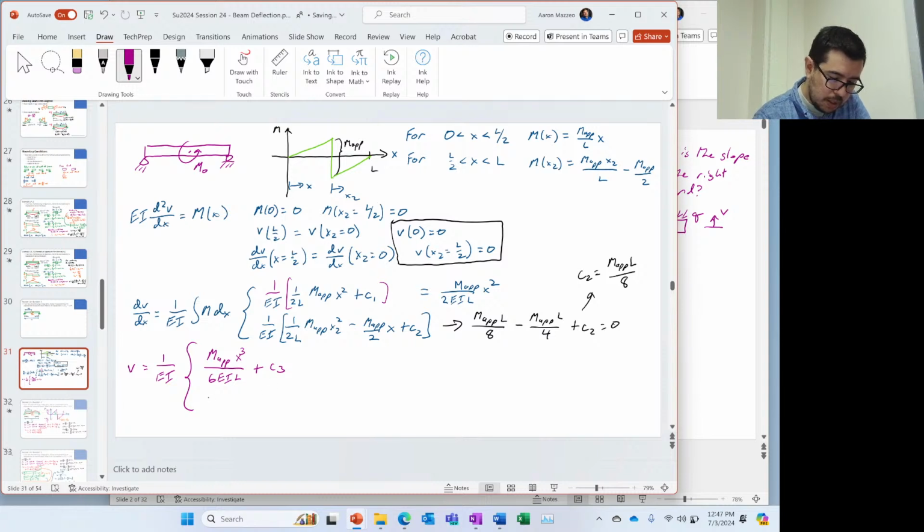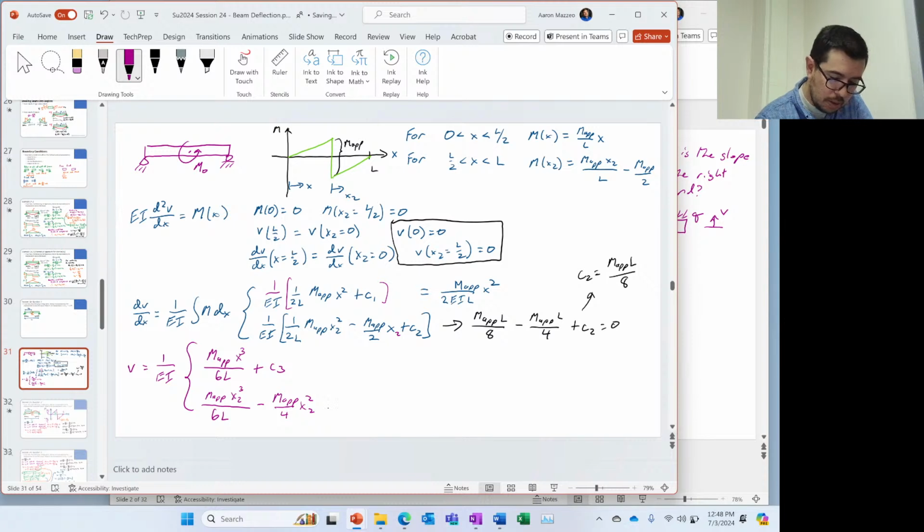Okay. But this one is going to be now an M_AP x2 cubed, all right, over, oh, I already put the last, can't keep track of everything. Here we go. This, and then this is going to be minus M_AP over 4 x squared, or x2 squared, I should say.